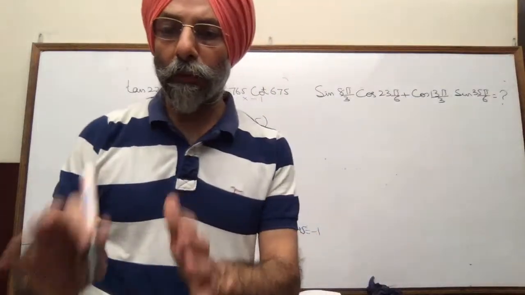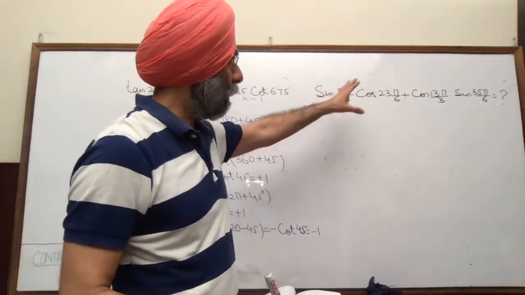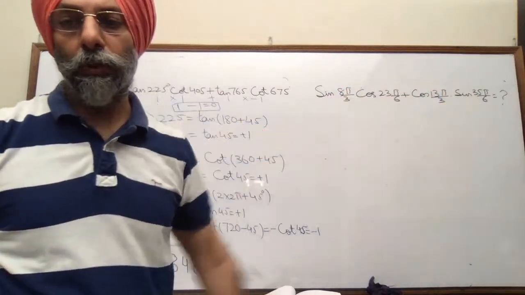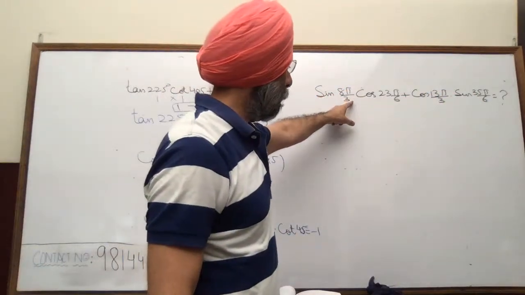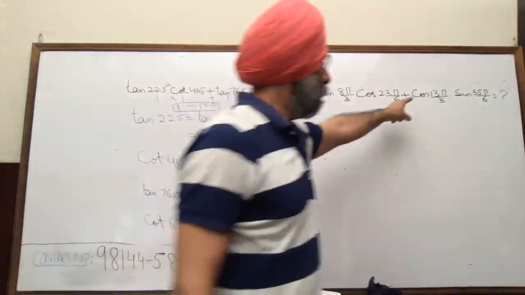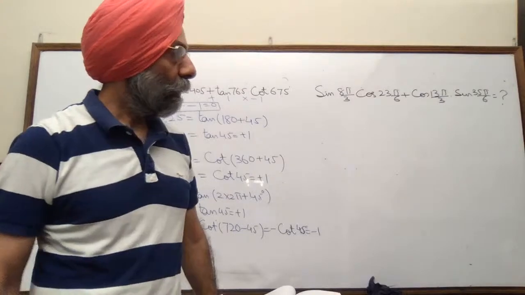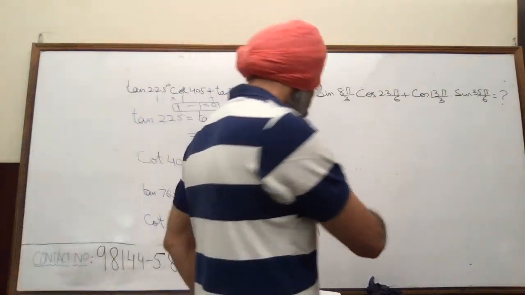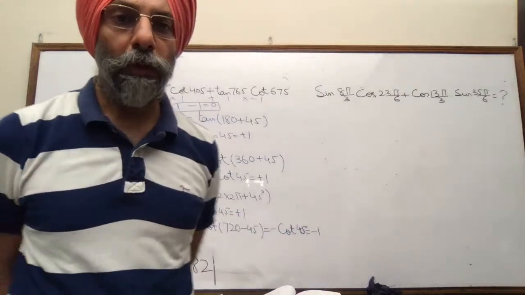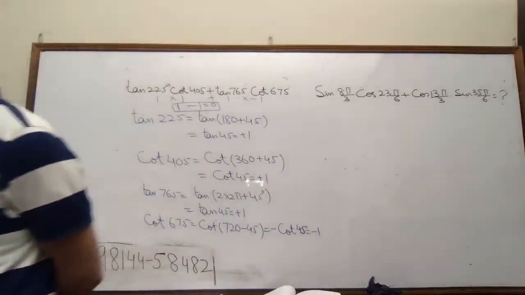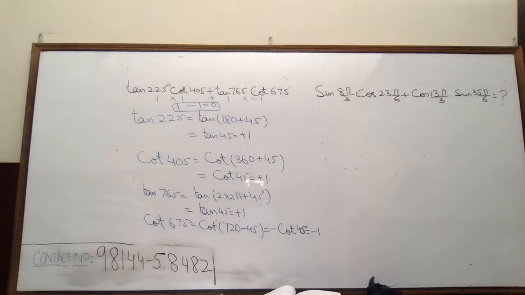You can even take 5 minutes to solve this question, but do try to get the values of these four t ratios. Evaluate this, beta. Find the value of this, all of you.